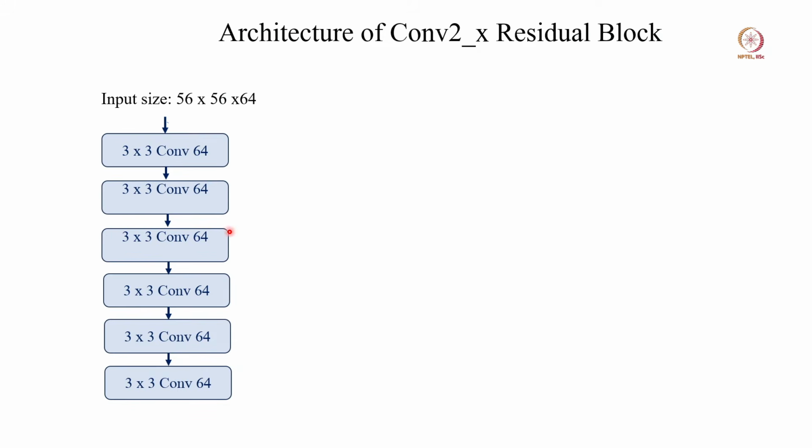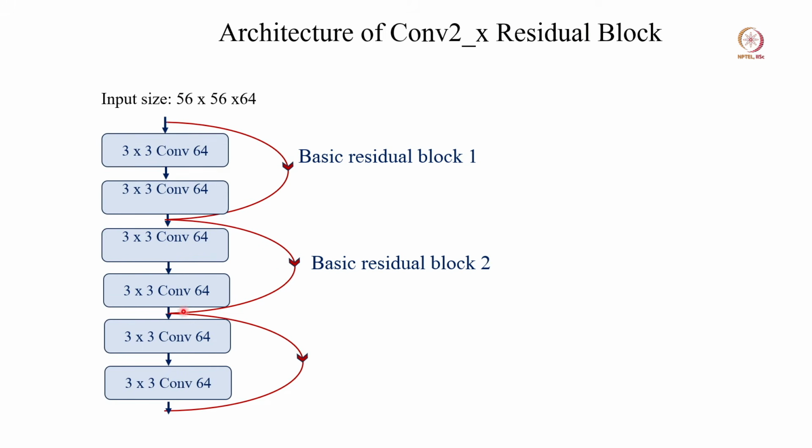So, there are 6 layers of convolution of 64 filters, and there is a skip connection between the input and after 2 convolution layers. This is the basic residual block 1. Again, between the second and fourth, we have another basic residual block 2, and this is the third basic residual block 3. We are using the skip connections so that the gradient does not vanish.